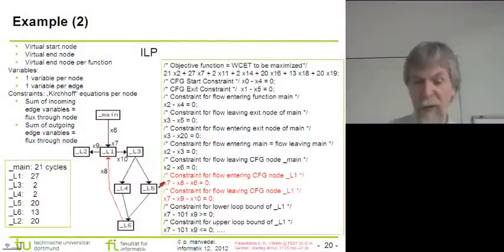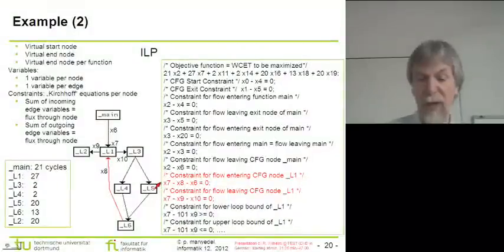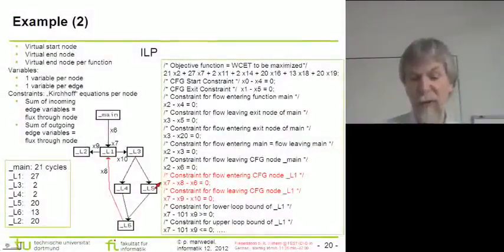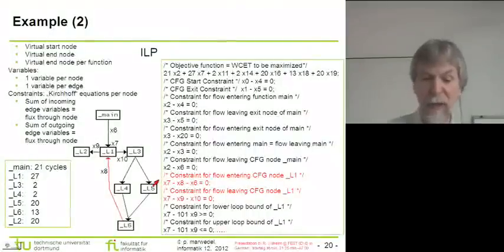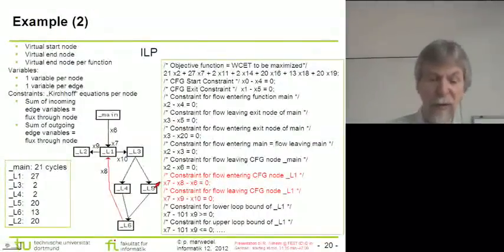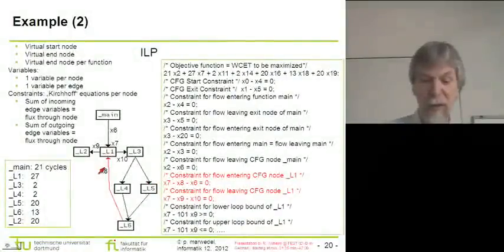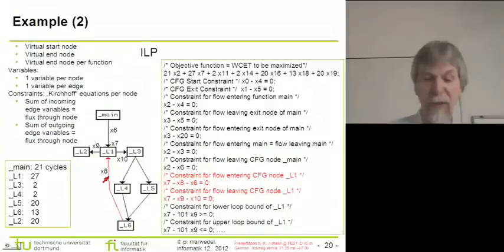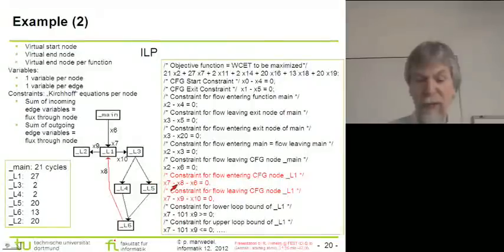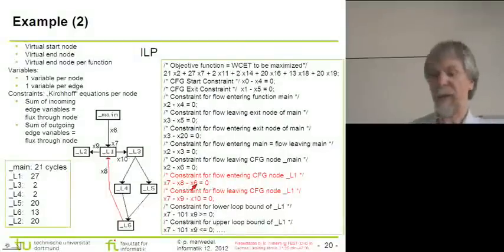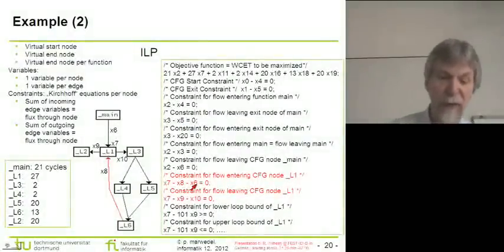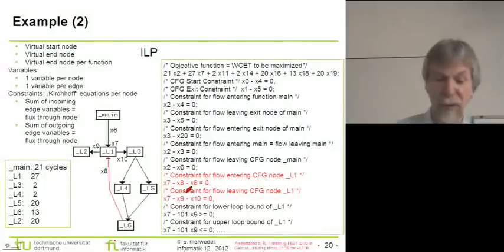So for this node L1, we are modeling by some variable x7 the number of executions of that node, and that corresponds to the number of times that we are branching into the node, via this edge and via that other edge. So therefore x7 minus x8 minus x6 must be equal to 0. We are executing that node exactly as many times as we are branching into the node.